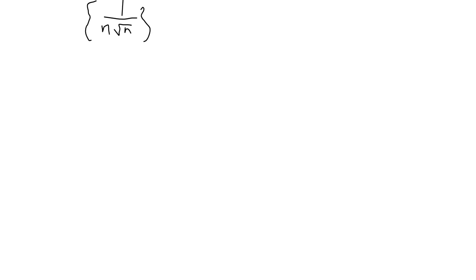This is, of course, for all n in the natural numbers. Now we want to check to see if this converges and also if we can find what it converges to.